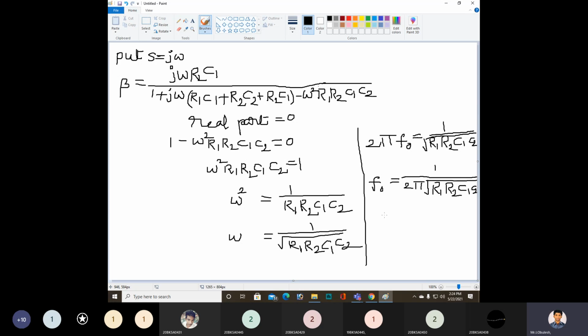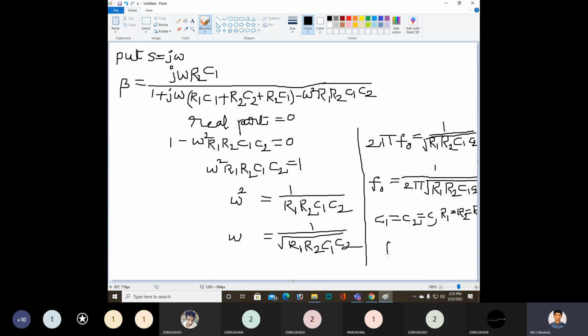Let us assume C1 equals C2 equals C, and R1 equals R2 equals R. Assume that. And then substitute those values in that equation.